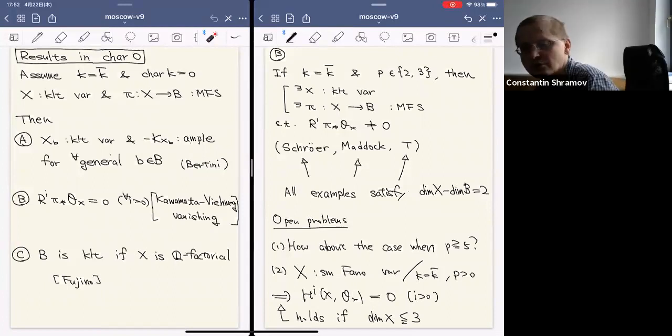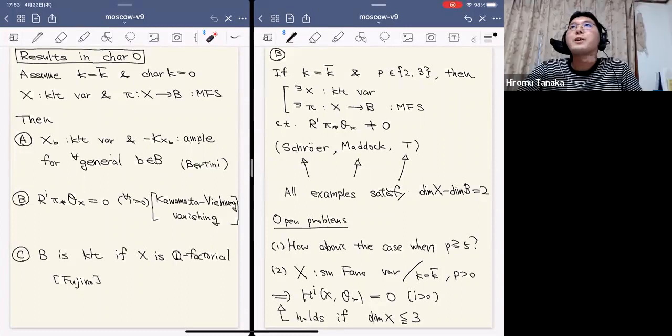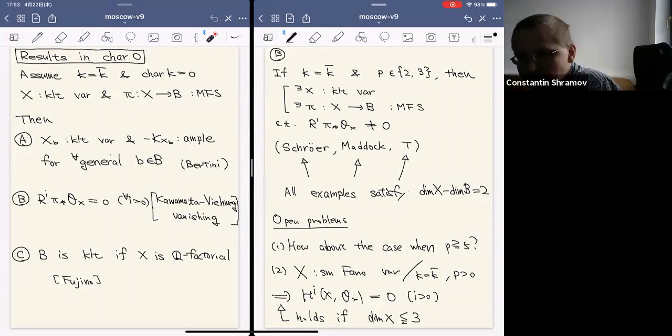What about these direct image counterexamples? So we don't know anything for surfaces. Any examples of such bad behavior for surfaces, right? Sorry, I don't hear you. So you said that in all the examples of bad behavior for property B, the dimension of the variety minus the dimension of the base equals 2.